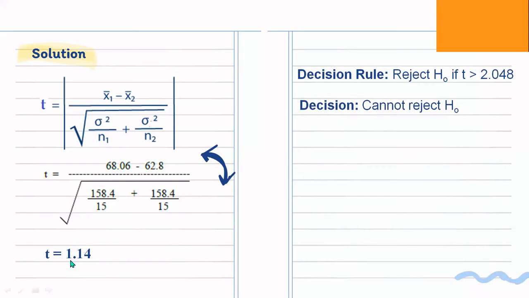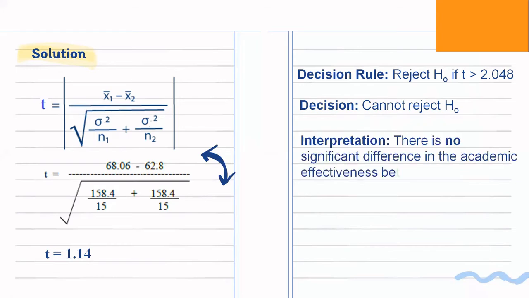But since the t value we got was 1.14, our decision is that we cannot reject the null hypothesis. That means that there is no significant difference in the academic effectiveness between junior high school A and B. So it's basically almost the same.